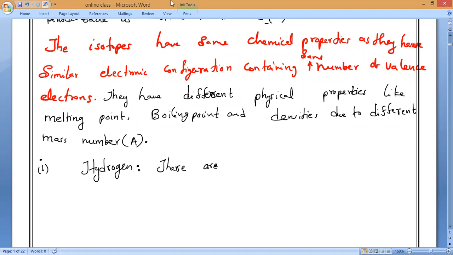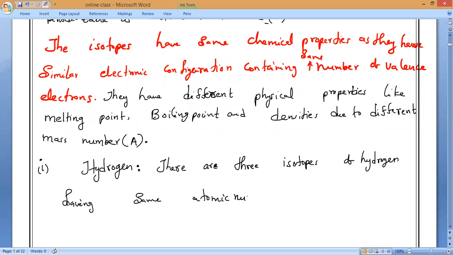There are 3 isotopes of hydrogen having same atomic number, but different mass number.